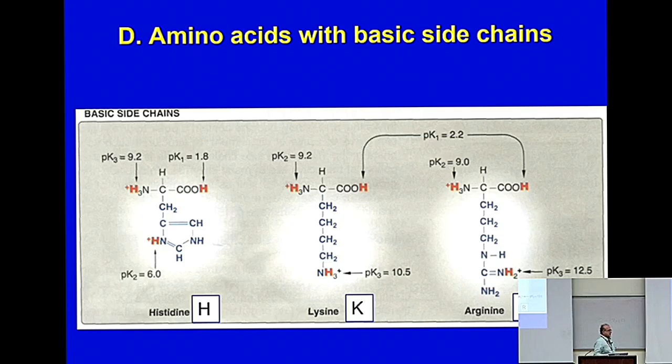The last subgroup of the charged amino acids are the basic amino acids, or those whose R group has a positive net charge. There are 3 of these. I'm going to start with lysine.